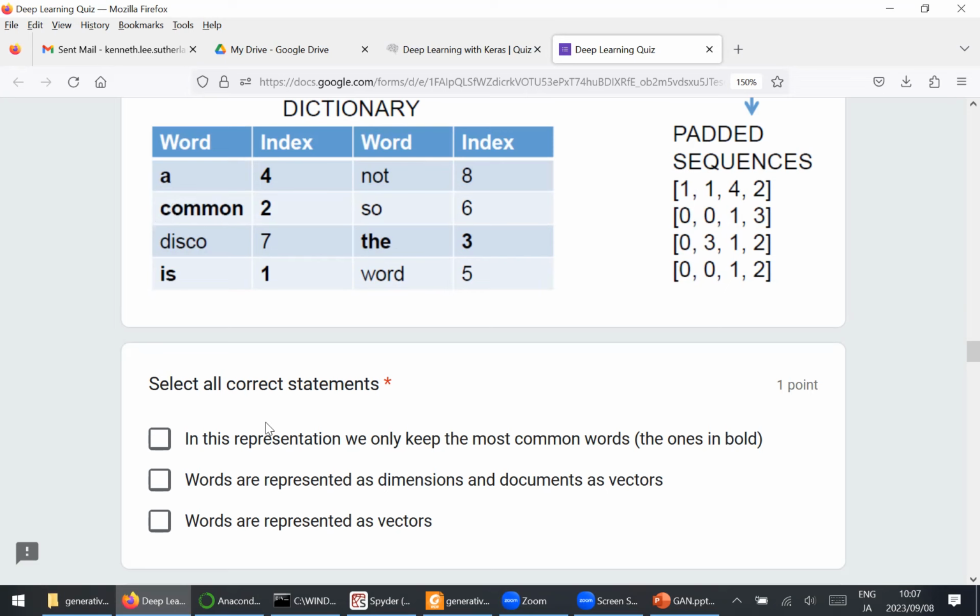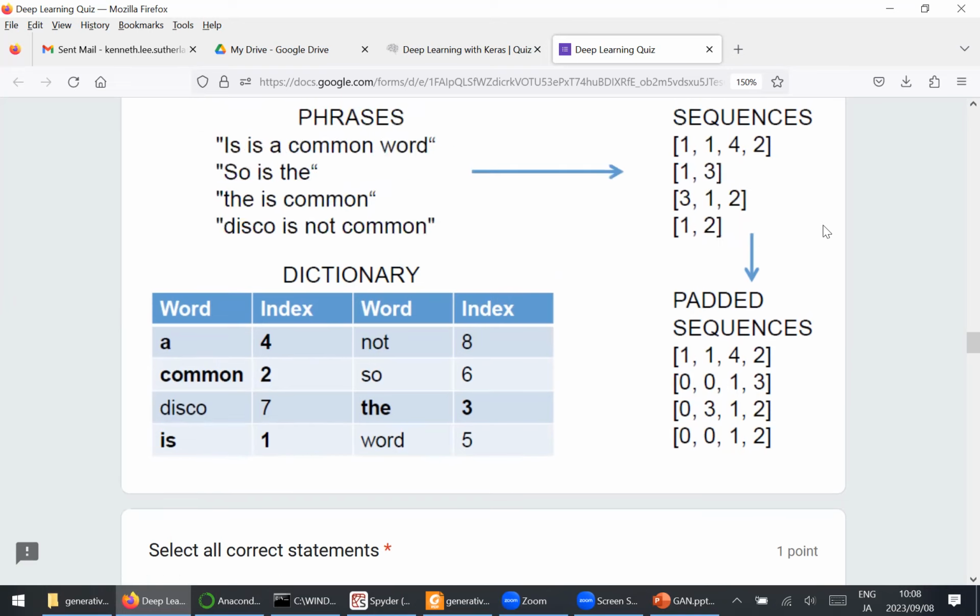Is that true? I guess so. Words are represented as dimensions and documents as vectors. Yeah, so this is the bag of words method. The documents are vectors, and the more words in your vocabulary you have, the more dimensions you have. The words are represented as vectors. So this is called the embedding. So I think what they're showing here is a bag of words. I hope.